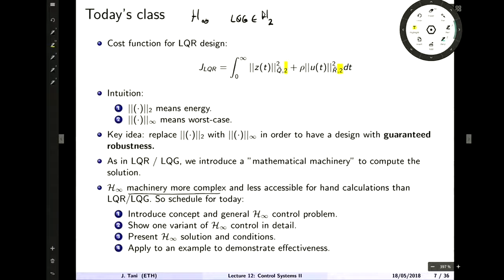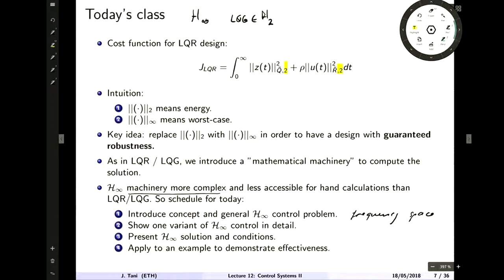I really tried to find a calculation that I can place here in class in these 2 hours. I cannot do that. The general case of H-infinity, even in a very good script, is about 15 to 20 pages. So it's not possible to boil it down so I can actually do the passages here in class. What I want to do is first introduce the concept of the general H-infinity problem in frequency space, because this is where it's easy.